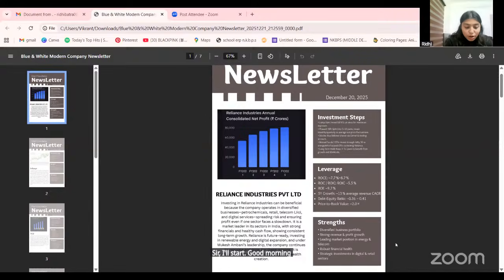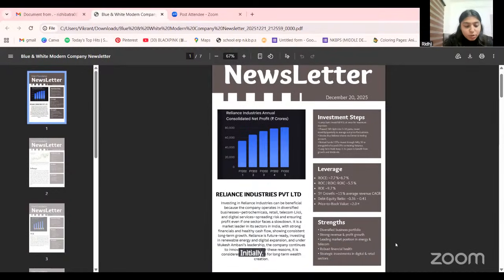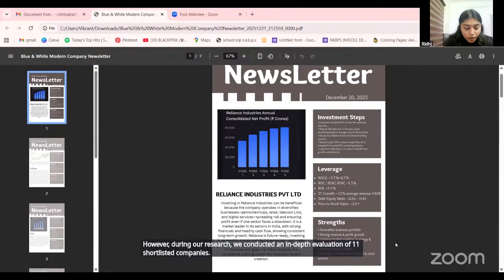Good morning, sir. Today we are here to present our investment strategy for allocating rupees 50 lakhs in the stock market based on detailed study and long-term financial vision. Initially, our plan was to analyze 25 different companies from various sectors. However, during our research, we conducted an in-depth evaluation of 11 shortlisted companies based on financial performance, market leadership, growth potential, and corporate governance.